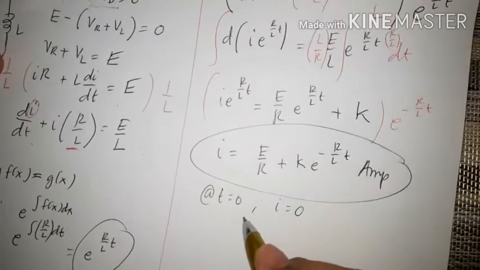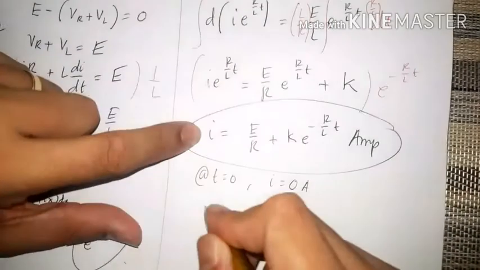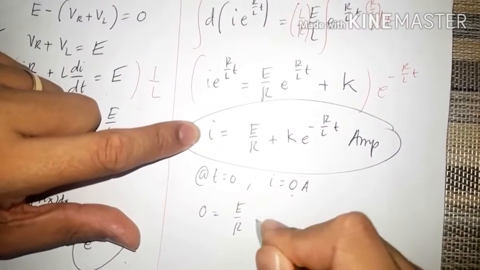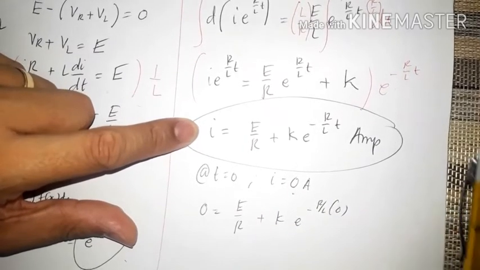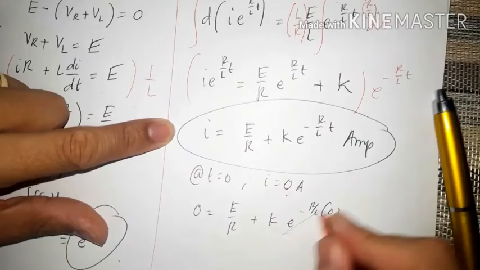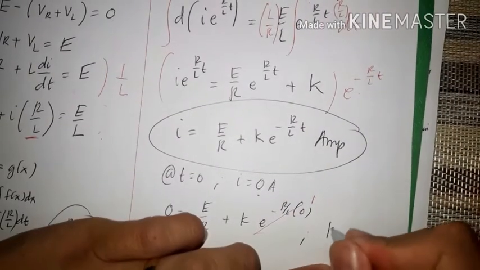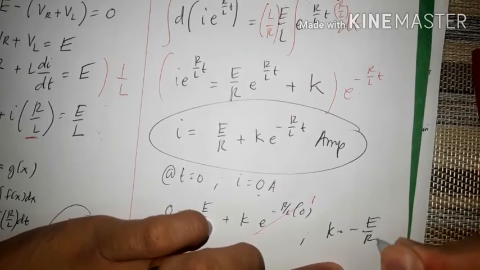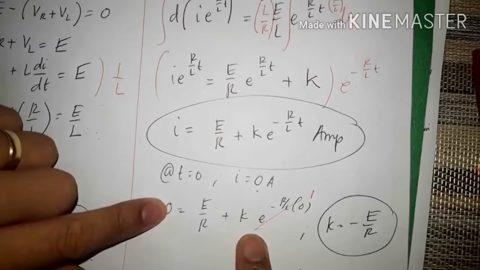So at time t is 0, your current is equal to 0 ampere. Substituting, 0 is equal to E over R plus K e to the negative R over L times 0. But e to the 0 is 1. So K here is now equal to negative E over R, since you transpose that E over R to the left side of the equation.